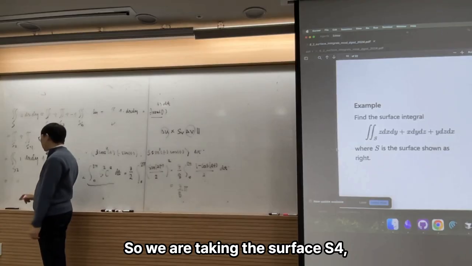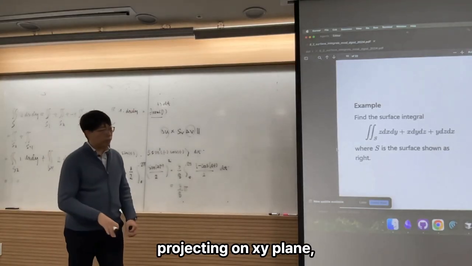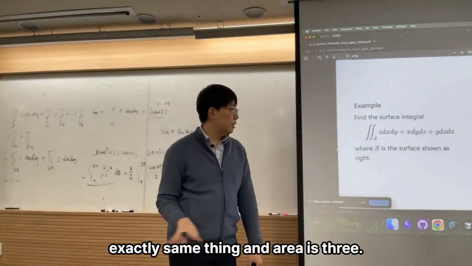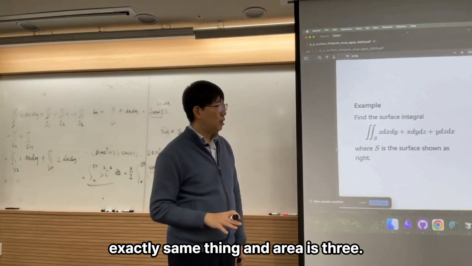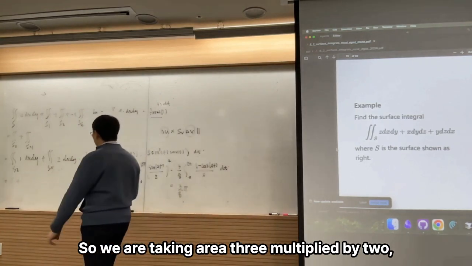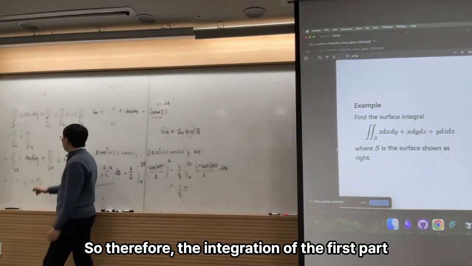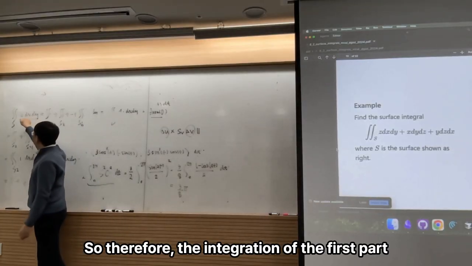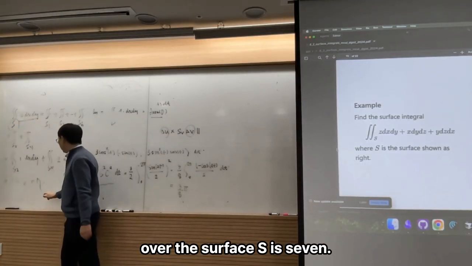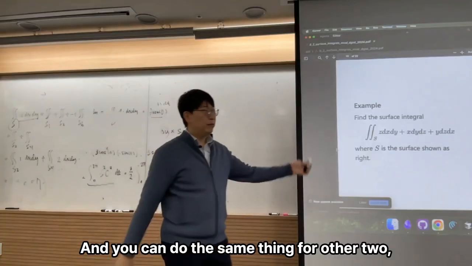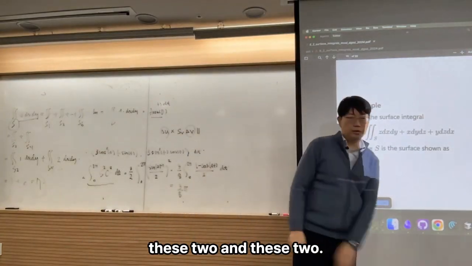We are taking the surface S4 projected on the XY plane, exactly the same thing, and the area is 3. So we take area 3 multiplied by 2, and we get 6. Therefore, the integration of the first part over the surface S is 7. And you can do the same thing for the other two, these two and these two.